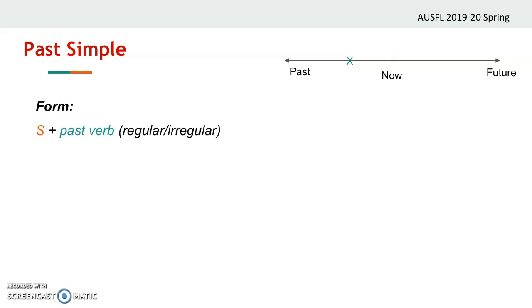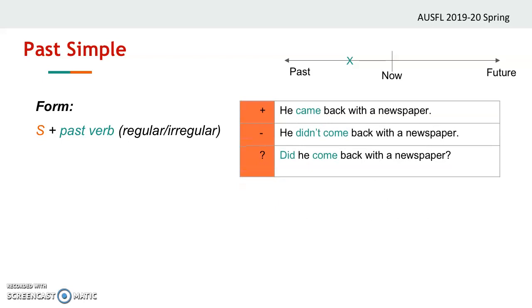It's very simple actually. It's just subject plus past verb. But remember, past verbs could be regular or irregular. In the table, you'll see an example sentence in the past simple in affirmative, negative, and question forms.